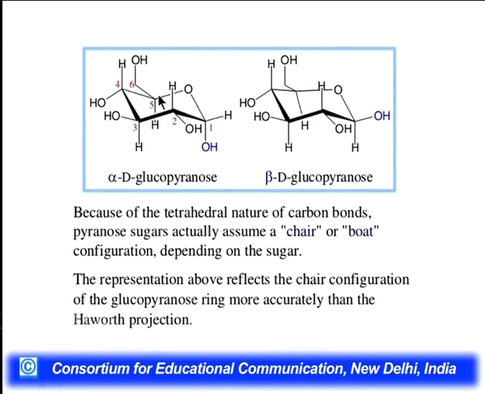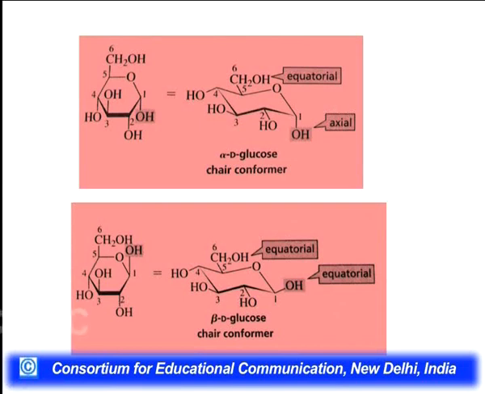Before I proceed further, I would like to recapitulate that this is the plane of the ring, and this is the axis of the ring, which is perpendicular to the plane. Bonds which are perpendicular to the ring are the axial bonds, and the bonds which are parallel are the equatorial bonds. What you have to remember is that if the bulky groups are put at the equatorial position, they point outwards, there will be less steric hindrance, and that form will be more stable.